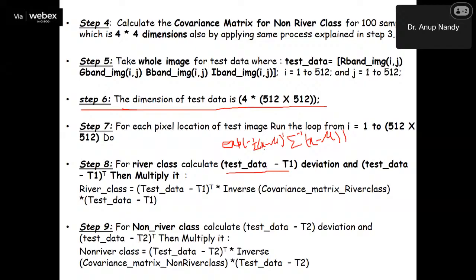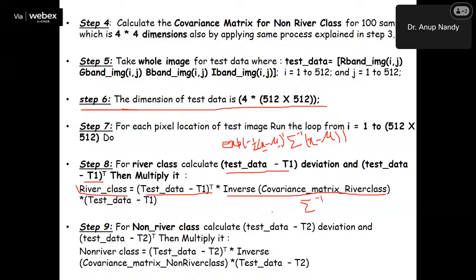Here also, test data means x, and T1 means the mean. So test data minus T1 is written with its transpose, then multiplied. For the river class, you calculate test data minus T1 transpose into the inverse of the covariance matrix of the river class, because you have already calculated the covariance matrix sigma, and now you need sigma inverse.